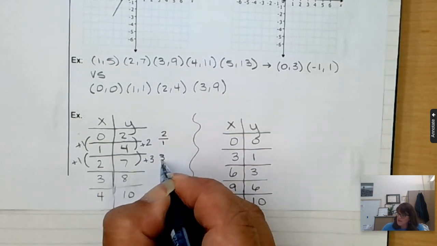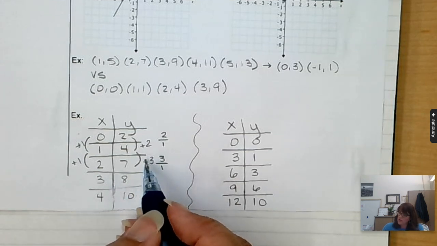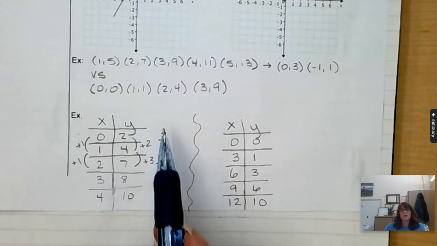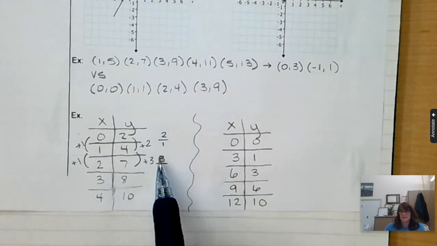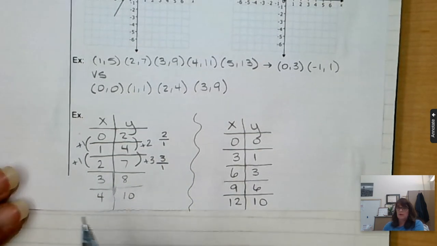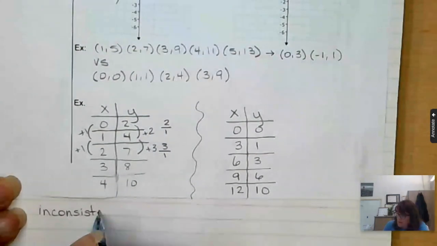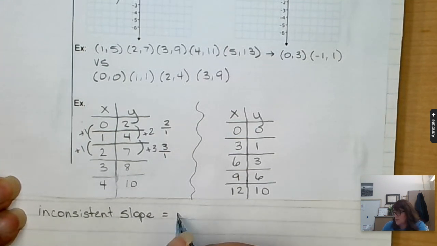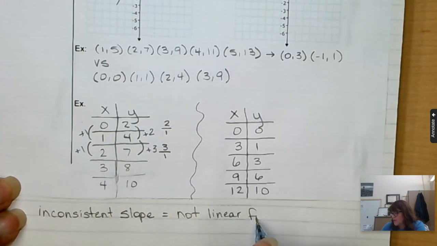So this could be marked as 3 over 1, or slope of 3. Change in y versus change in x. Notice these don't match. If the slope is inconsistent, it's not linear. Okay? Inconsistent slope equals not a linear function.